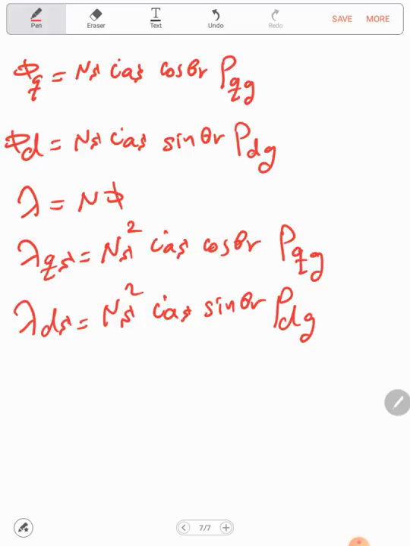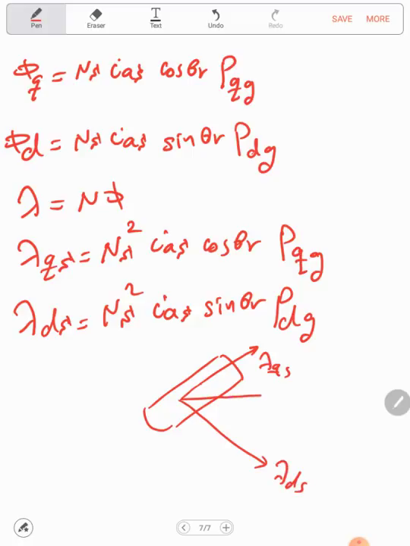Now here we have one flux linkage, lambda qs, and another flux linkage, which is lambda ds. If we need their projection along the AS, we need to multiply by the cosine of the angle in between.